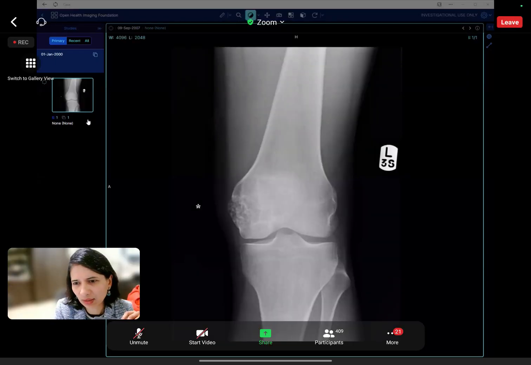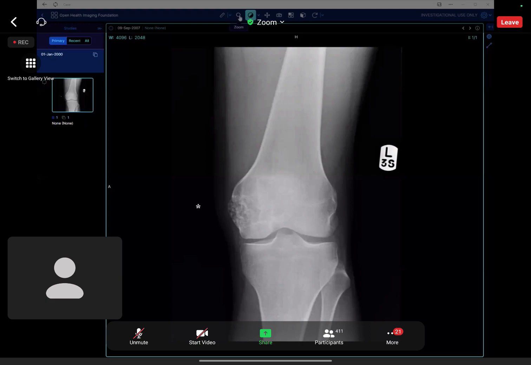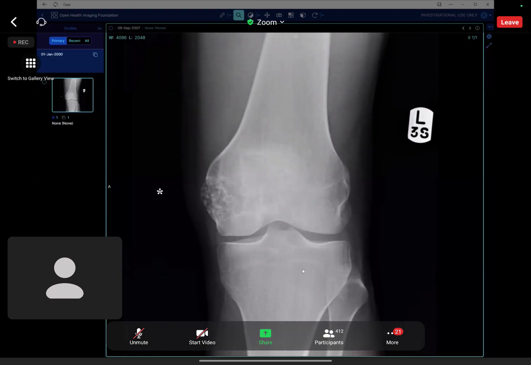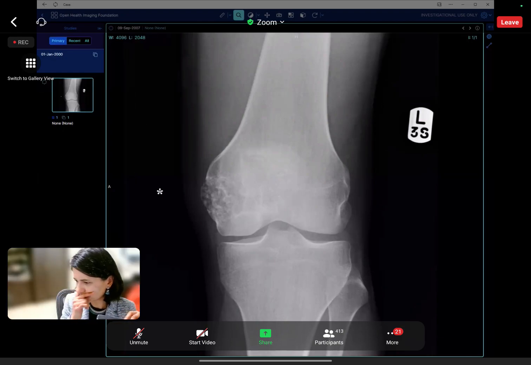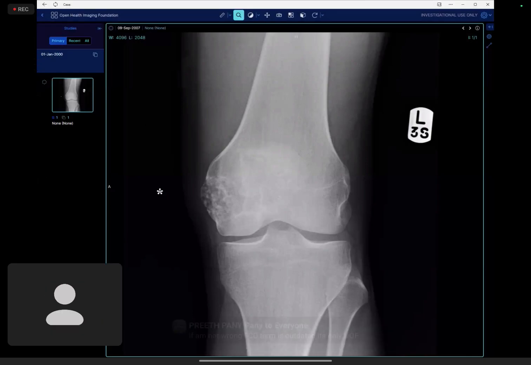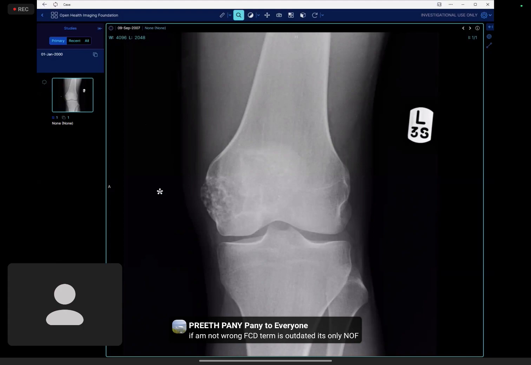So this is again a young patient who is presenting with swelling and pain in the left knee. This is a frontal radiograph of the left knee joint in a skeletally mature patient. There is a lucent lesion involving the medial femoral condyle in the epiphyseal region.